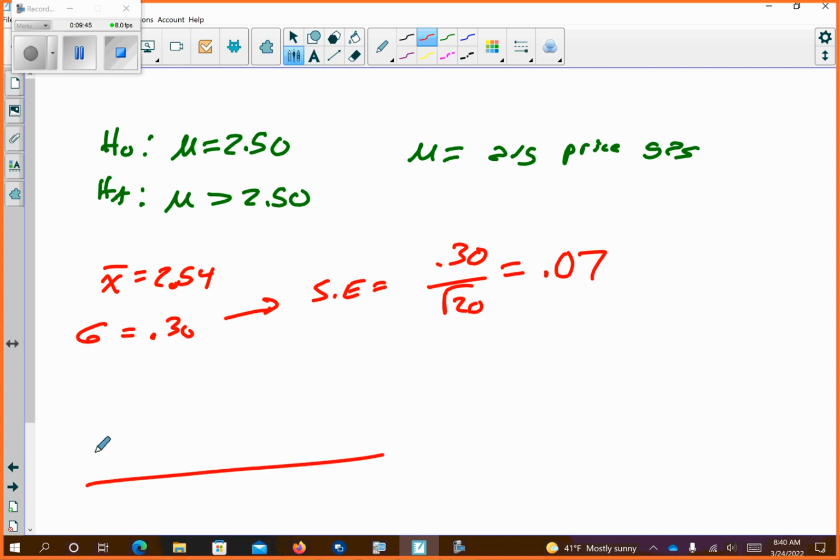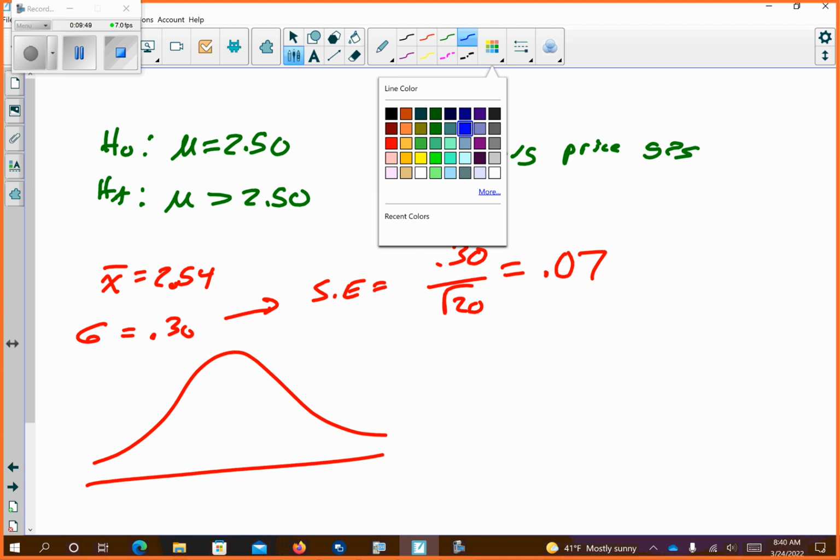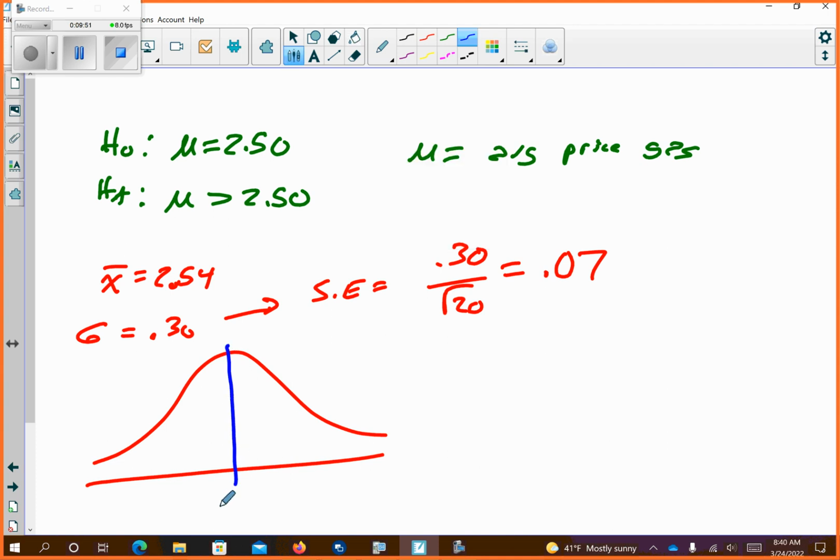So if I do my normal distribution, we have 250, and then 257, and 264, and then go out one more just for fun to 271. Go this way, we go to 243, 236.